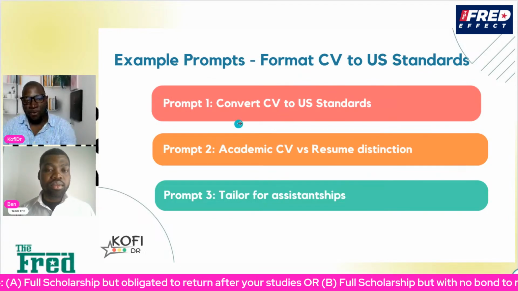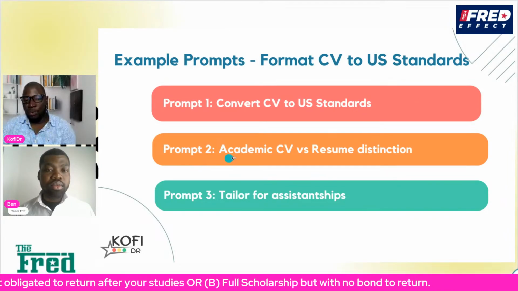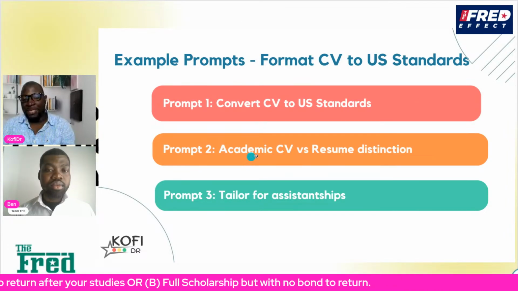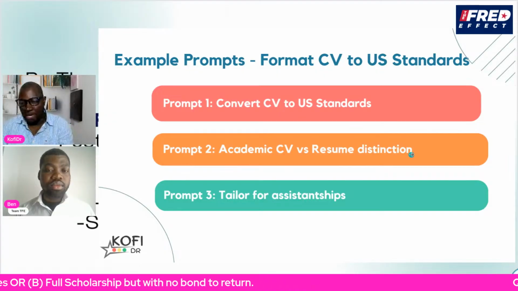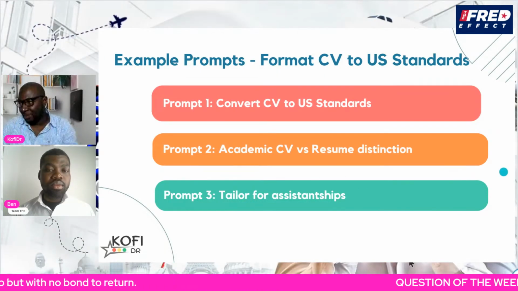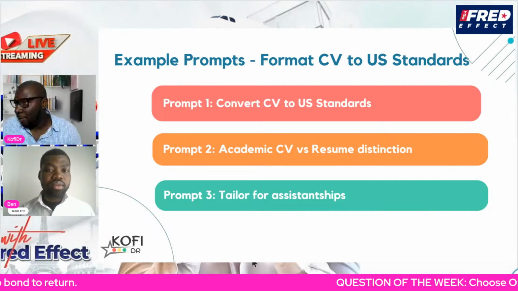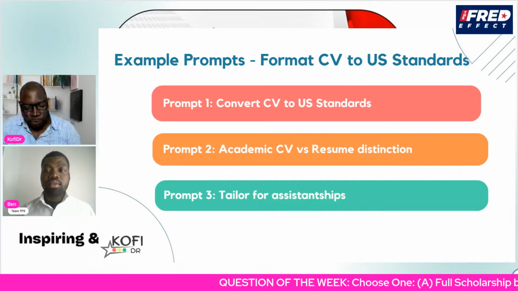Prompt 1 will convert your CV to US standards. Prompt 2 will compare your academic CV with a general resume distinction for work. And prompt 3, we will tailor our resume for assistantships. So I'll go on.